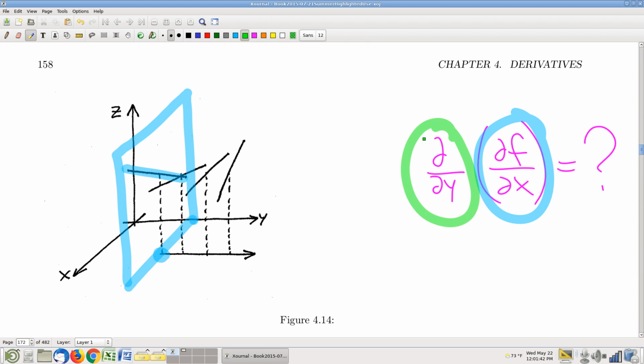I could only interpret that as a slope if I were looking at a graph of the thing I'm taking the y partial of. And that's not what I have. I don't have here a graph of partial of f with respect to x. I have a graph of f. Right? So I can't make any sense out of this y partial from a graph point of view. I'm not looking at a graph of this thing.